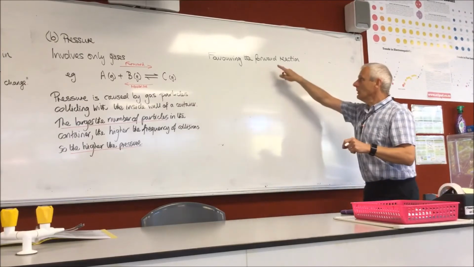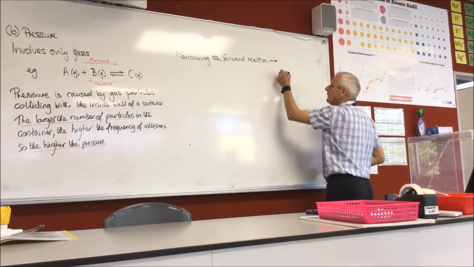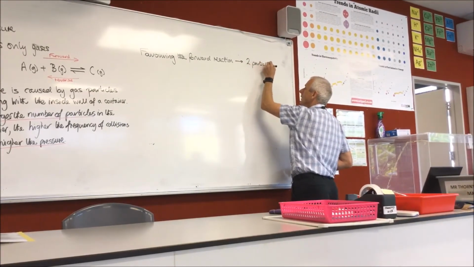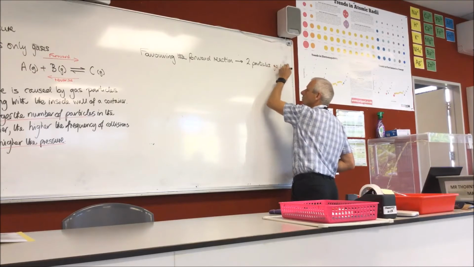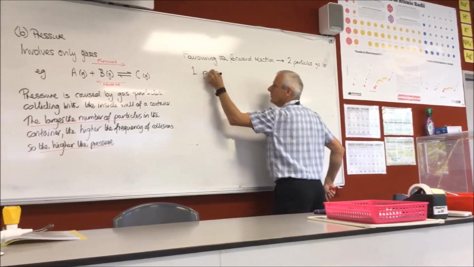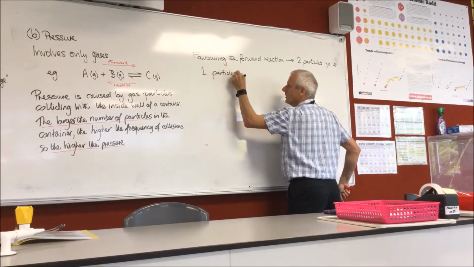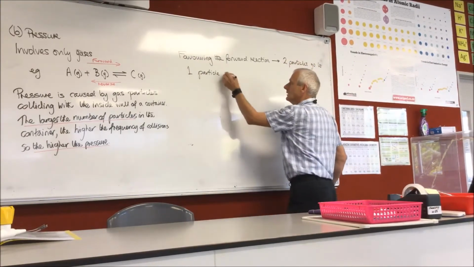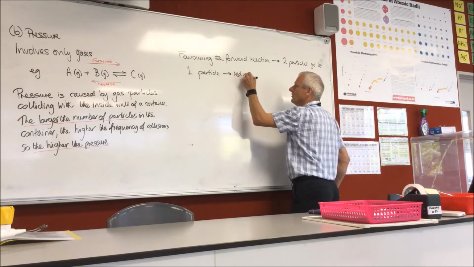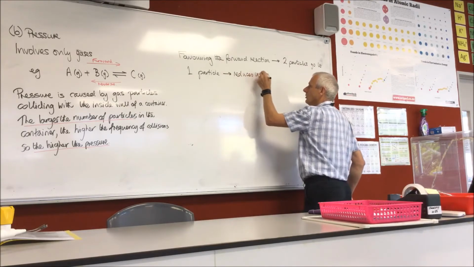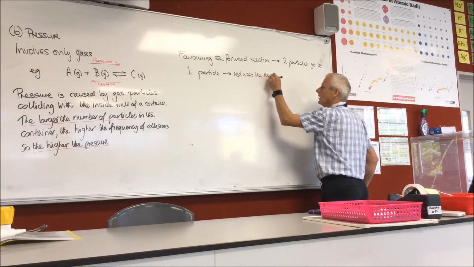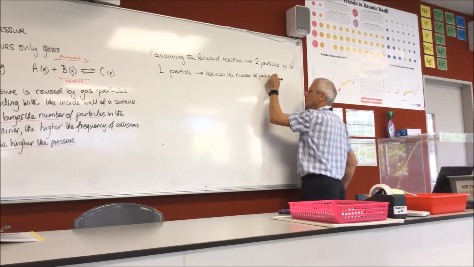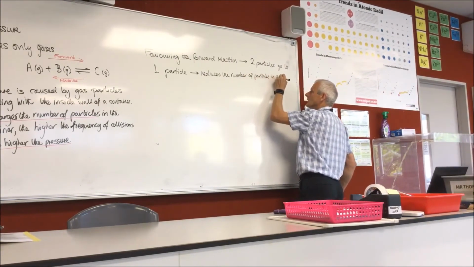So favouring the forward reaction, what that means is 2 particles go to 1 particle. So you've got A plus B, that's 2, but only 1, which is C. Okay? That has the effect of reducing the pressure, because it reduces the number of particles in the system.